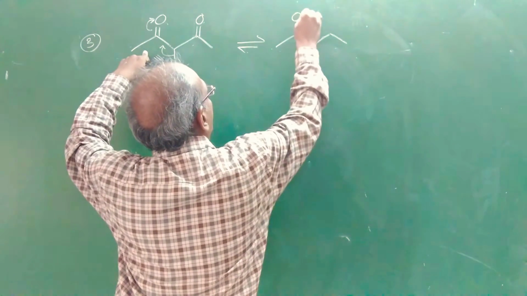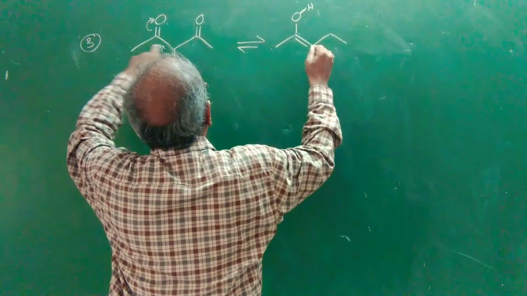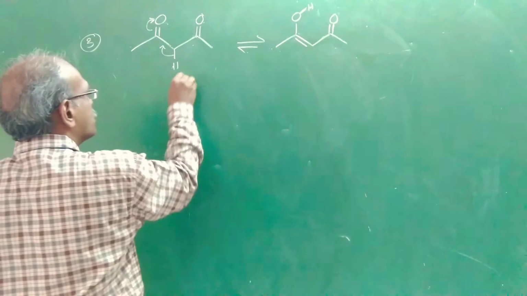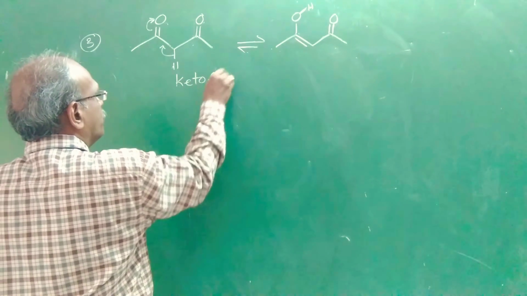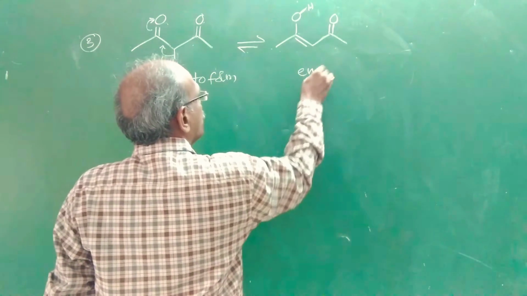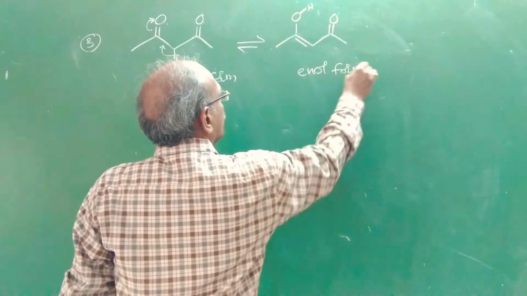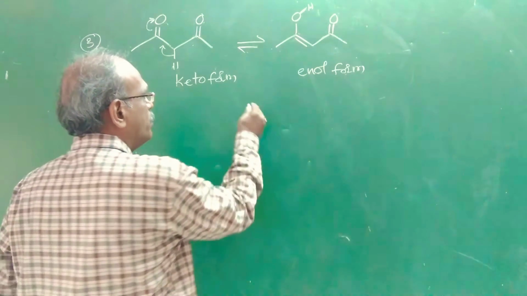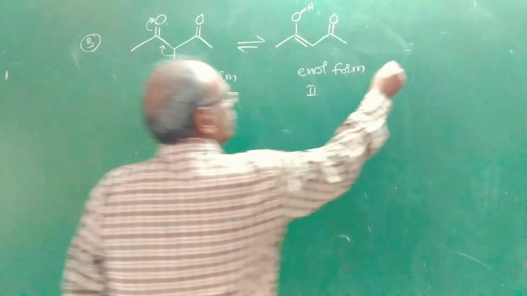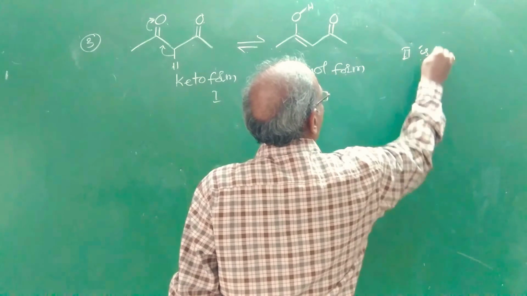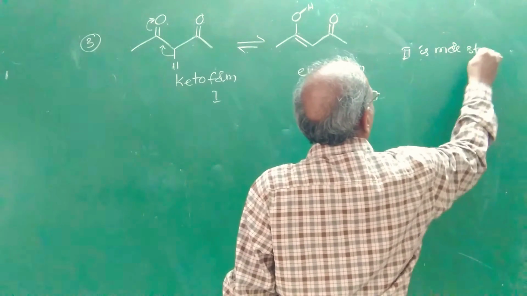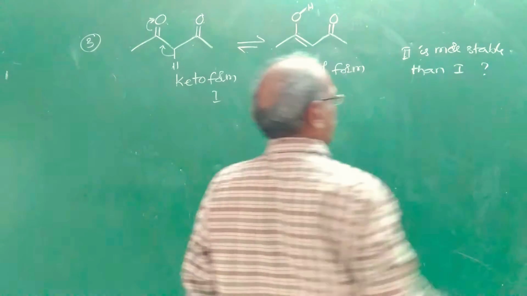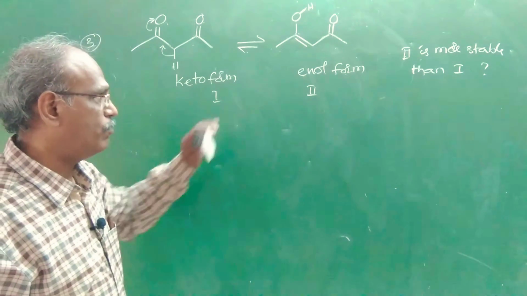So you can write it like this, OH double bond, here double bond O. This is the keto form, this is the enol form. Here the enol form 2 is more stable than 1.